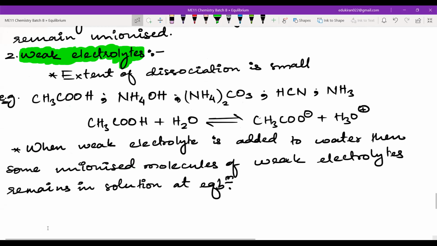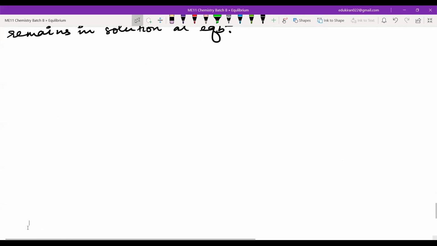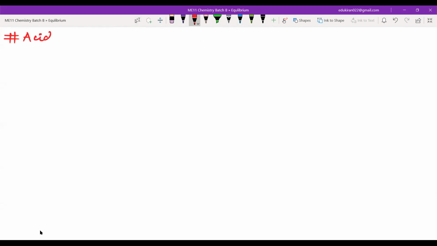That is why we have to learn about acids and bases first. So write the topic: acid-base concepts.